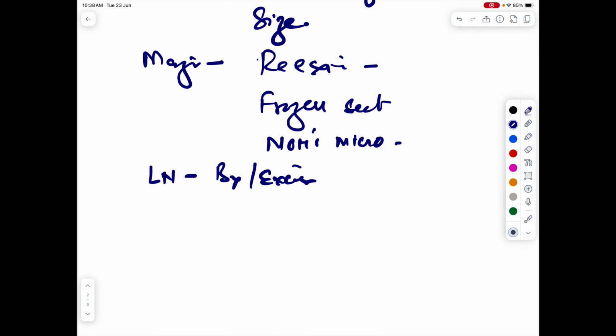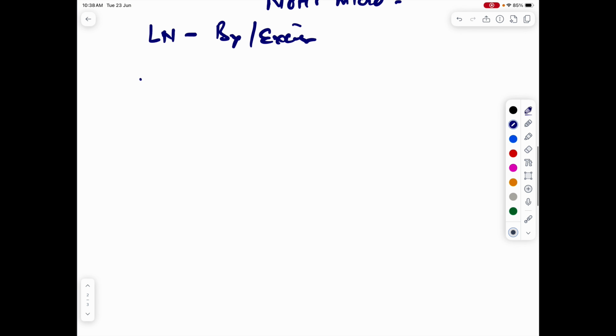What is frozen section? Frozen section is a method where the laboratory allows a quick microscopic diagnosis on the table. Whenever surgery is going on, you have to diagnose on the table. It is a rapid pathological diagnosis. What are the steps?